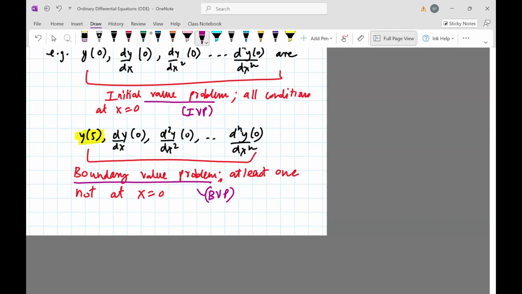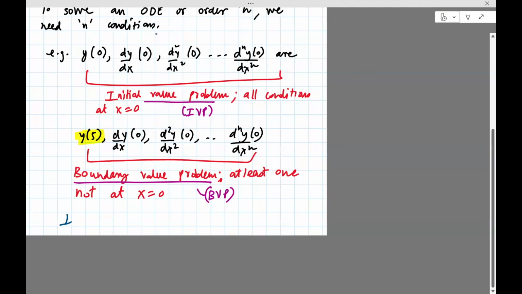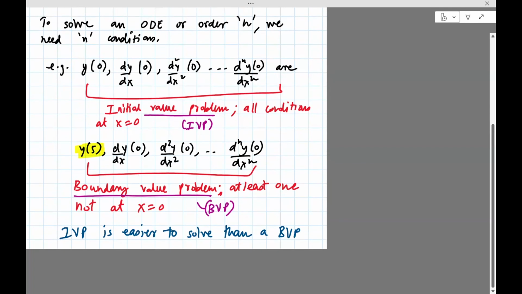And I don't know if you guessed this, but one of them is easier to solve than the other one. The IVP is easier to solve than the BVP. And the reason is that if you want to solve a BVP, so take that first equation with y(5), you do not know what happens at y equals 0.